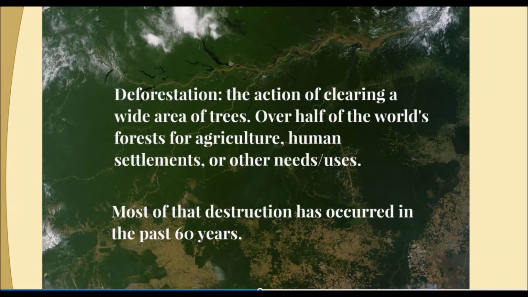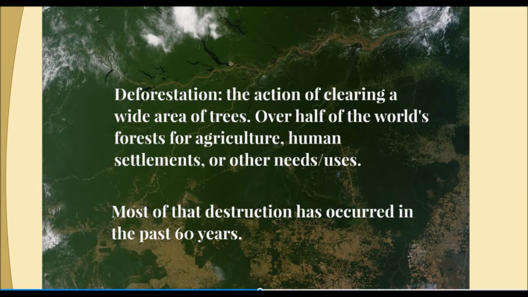So we've already talked about deforestation before, but it's deforesting, so it's removing forests. A tremendous amount of deforestation: over half the world's forests have been destroyed for agriculture, human settlements, or other needs or uses, urban expansion. Most of that destruction has occurred in just the last 60 years.